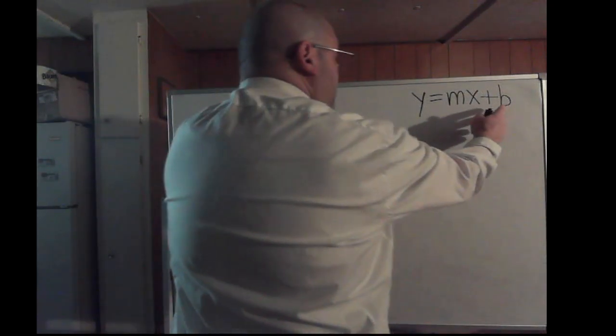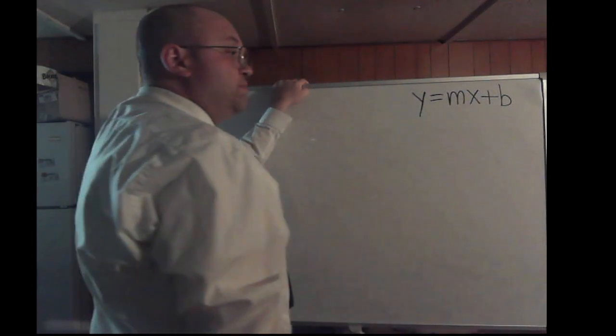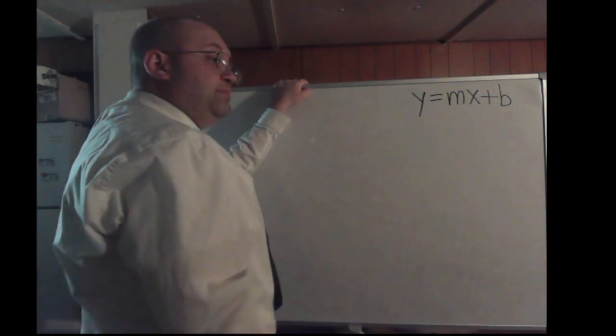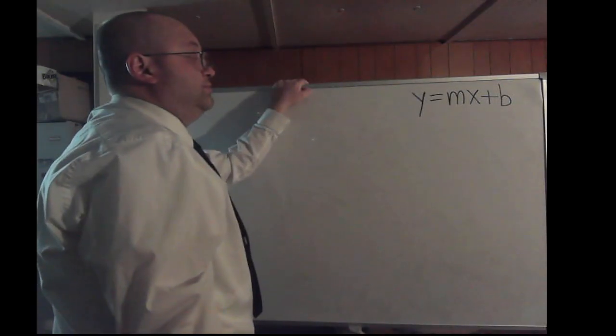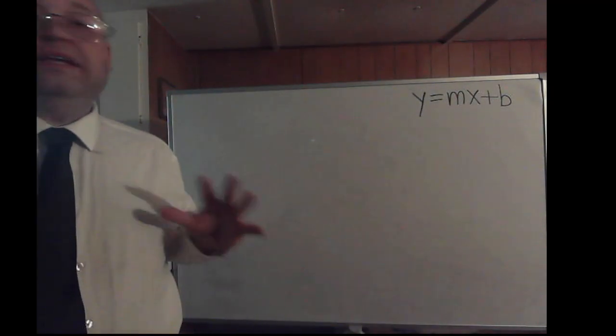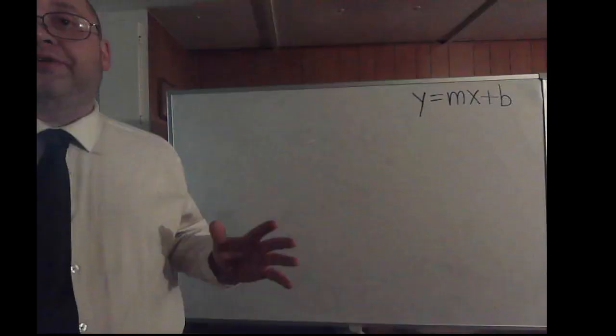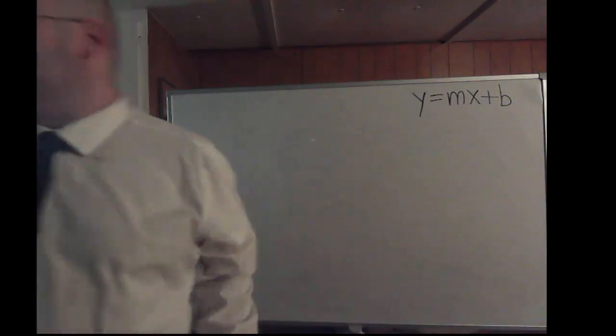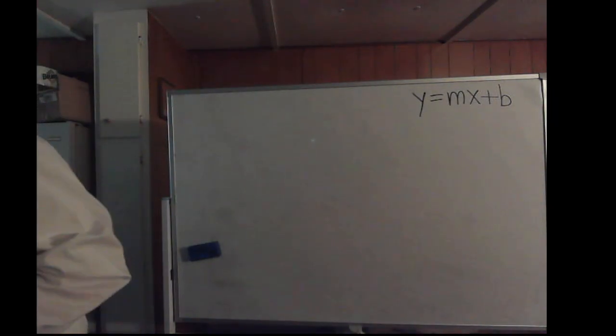That b is your y-intercept. So it pretty much gives it away for you in the slope-intercept form. That's why that's often the most preferred form of a linear equation to work with. So let's go ahead and get started with our first example.